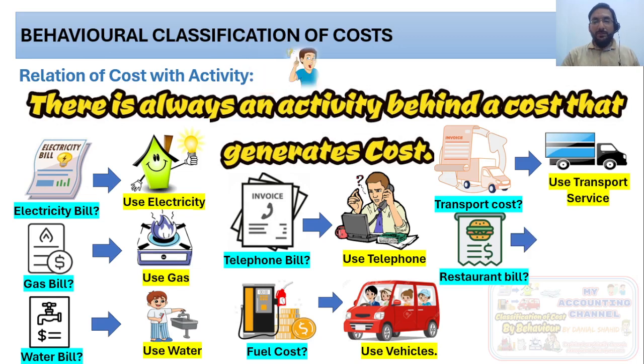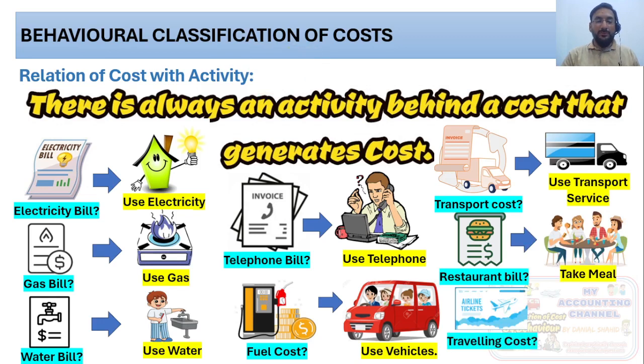Yes, because we take meals at a restaurant. And why do we pay air travel cost? Because we use airline services. So you have noticed that every cost has a related activity behind it, and that particular activity is responsible for the generation of that cost.